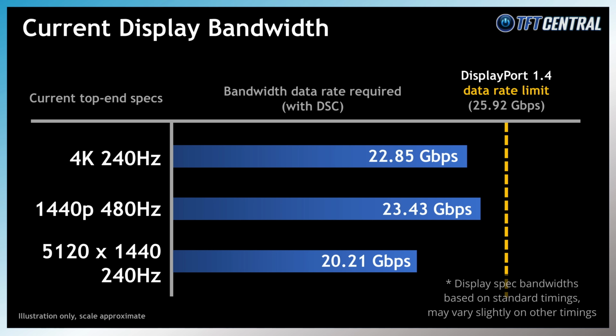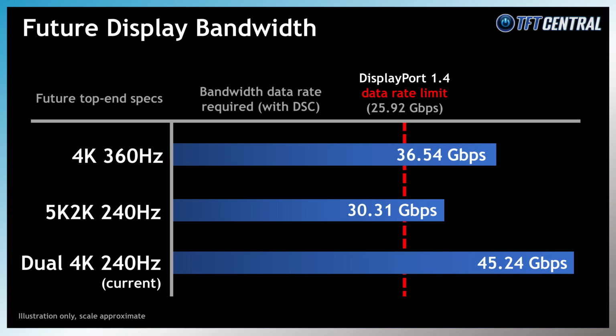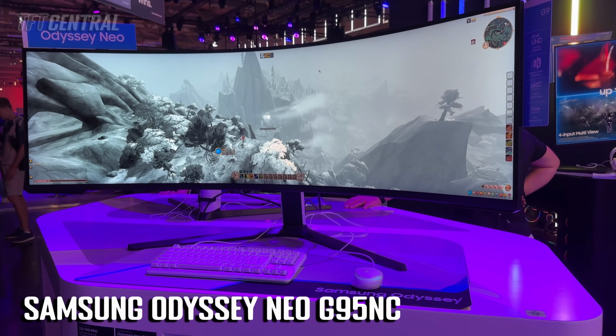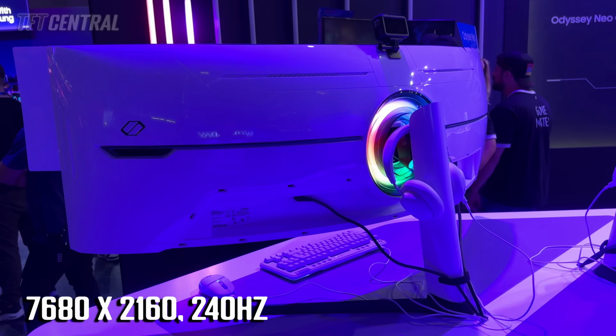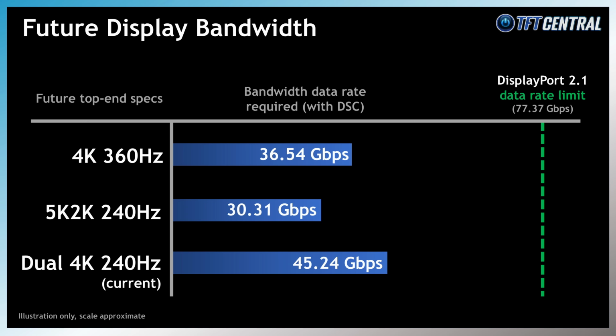Current display options like 4K 240Hz and 1440p 480Hz are pushing the limits of DP 1.4 connections already that use DSC, and future combinations such as 4K 360Hz, 5K 2K 240Hz, or massive resolutions like dual 4K at 240Hz, like we've already seen on models like the 57-inch Samsung Odyssey G95NC, simply can't be covered by DP 1.4 at all. These cutting-edge and future display capabilities need the newer DP 2.1 connection with the new speeds that it can offer. DP 1.4 just isn't going to be enough. Supporting these kind of advancements are really the primary use case for DP 2.1.